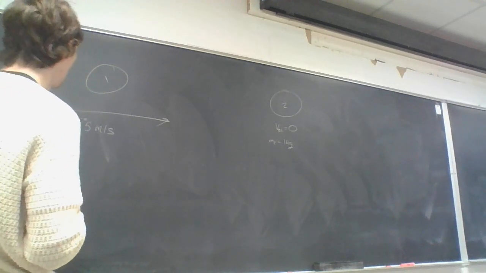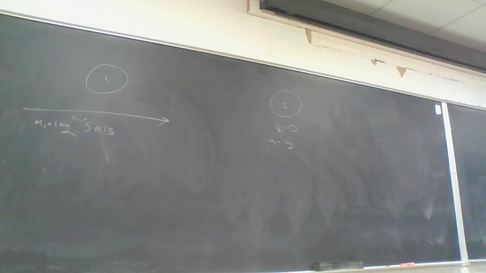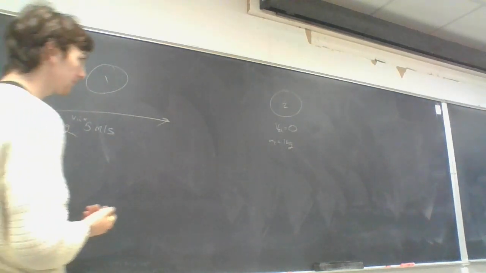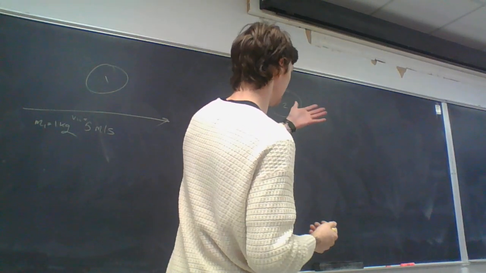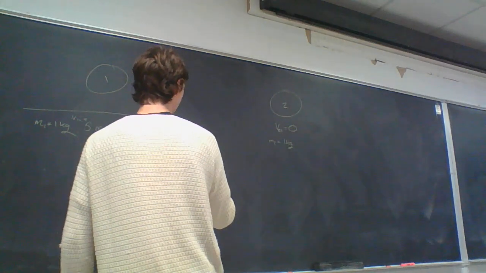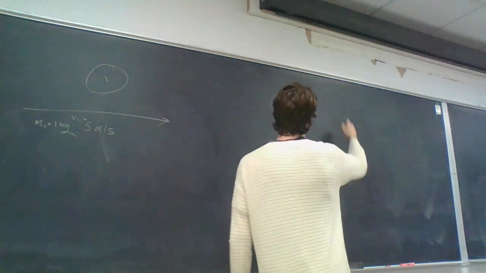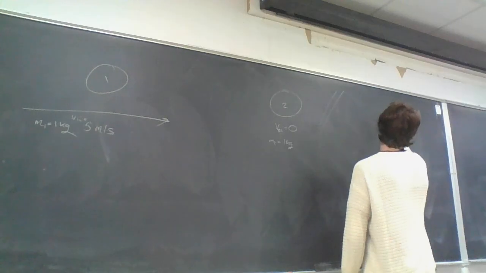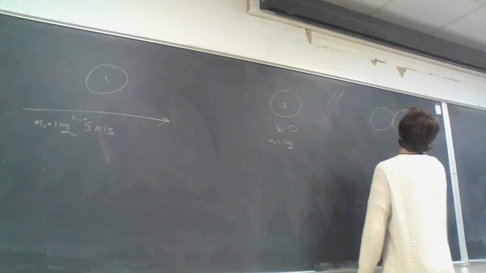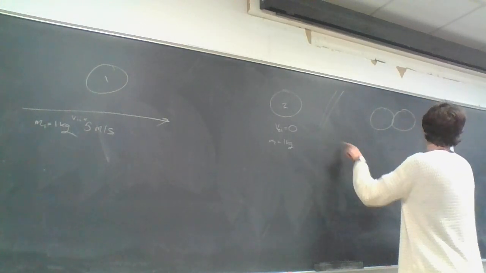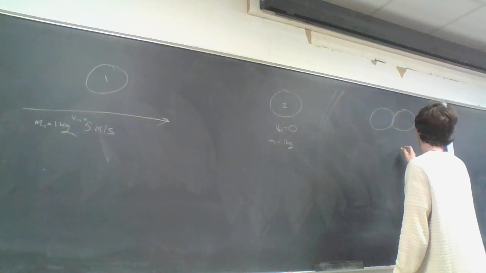And so essentially what we can do in this problem is say, okay, let's say after they strike each other, they're going to hit each other, and then they're going to bounce off in opposite directions.